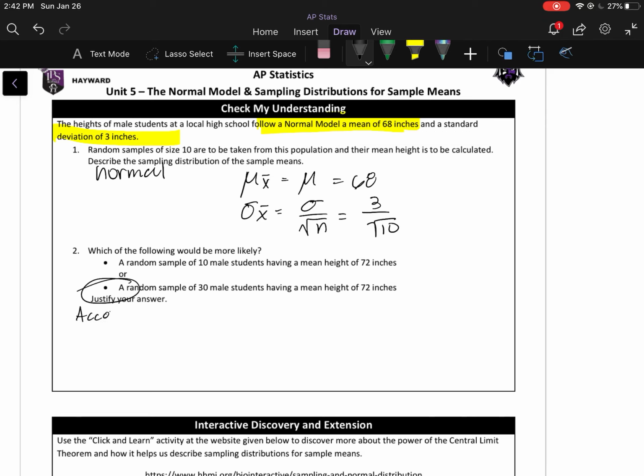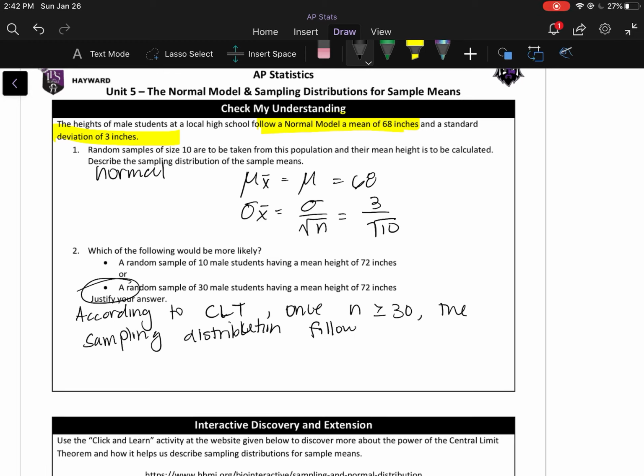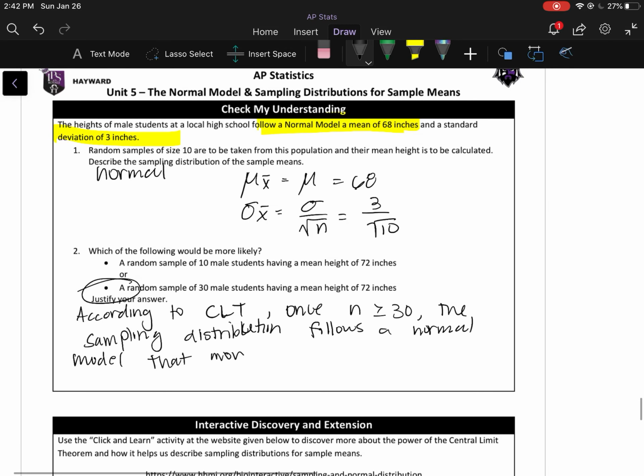This is because, according to the central limit theorem, once n is greater than or equal to 30, the sampling distribution follows a normal model that more accurately describes the population. Okay.